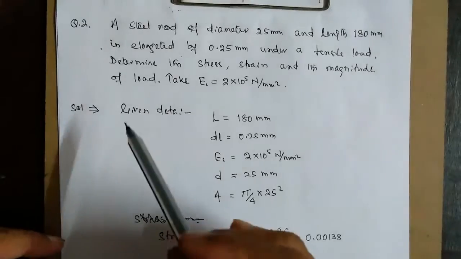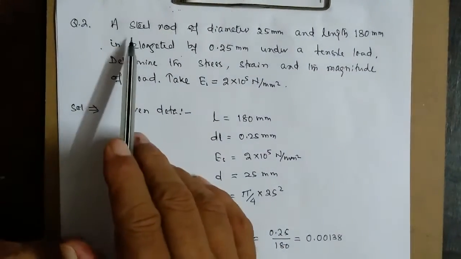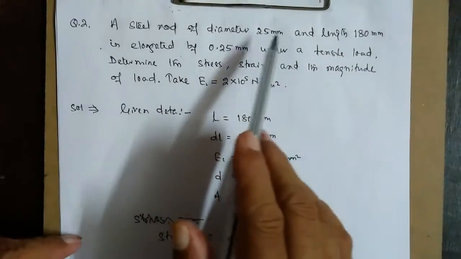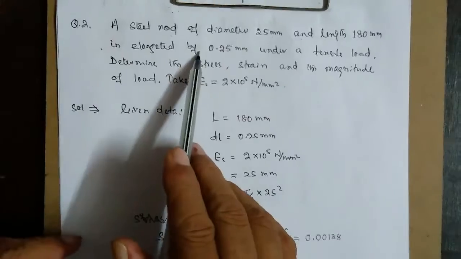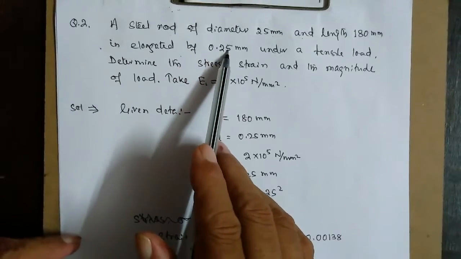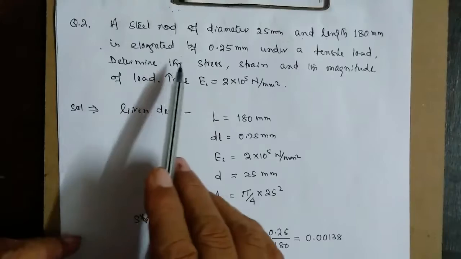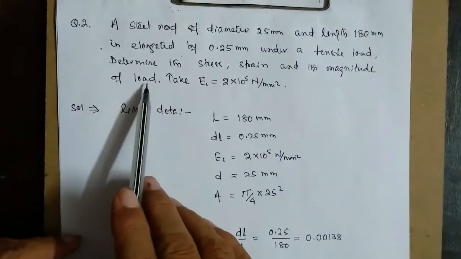We will see one more question using the same formula. Question number 2: A steel rod of diameter 25 millimeter and length 180 mm is elongated by 0.25 mm under a tensile load. Determine the stress, strain and the magnitude of load.